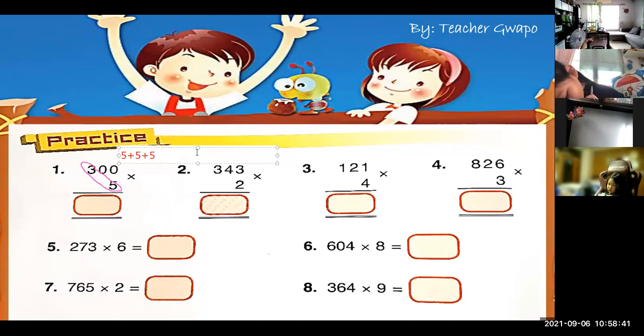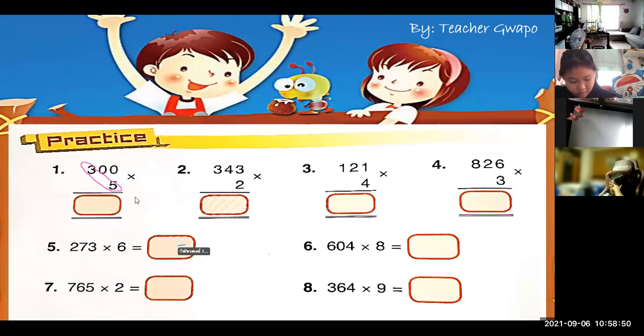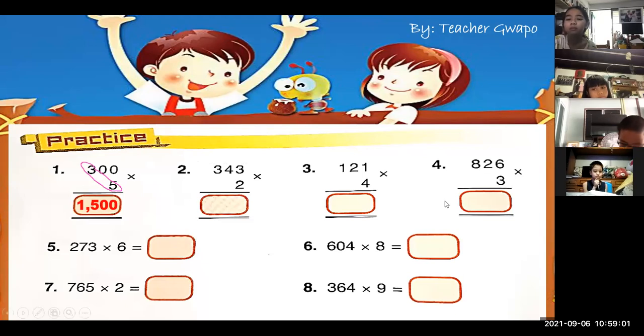So we will just write 15 and then add two zeros. So the answer here is 1,500. Is your answer correct? The answer in number 1 is 1,500.